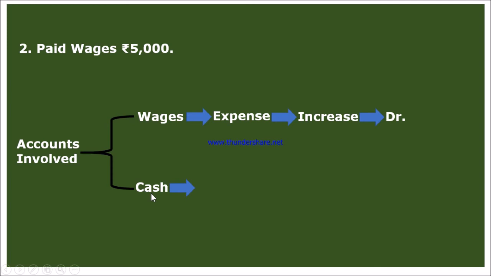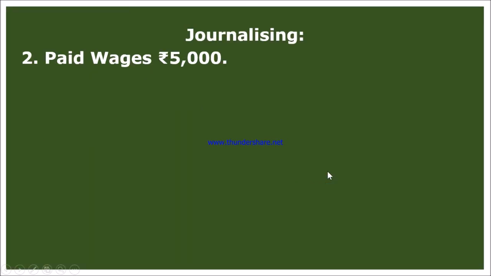Next, cash: you already know it is an asset, and here if you are paying wages, then cash will go out from the business. Therefore, the cash balance of the business will decrease, and if an asset decreases, then you need to credit it. So let us see the journal entry. That is the transaction: paid wages 5,000.